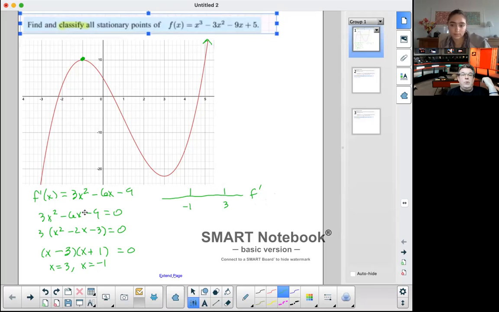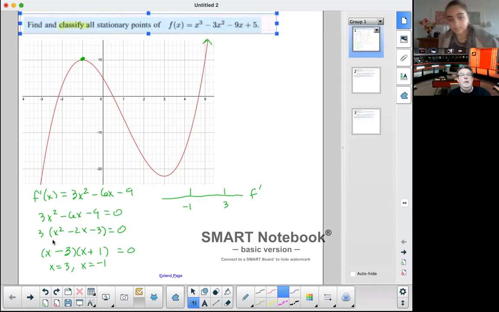Since the derivative gives us the slope, the gradient, if I plug in any number to the left of -1, it will turn out positive. Now, we probably don't know that without the graph, but we don't need the graph. So you choose any number you would like to the left of -1 and plug it into the derivative. You could plug it in here, but all of these are equal to the derivative.